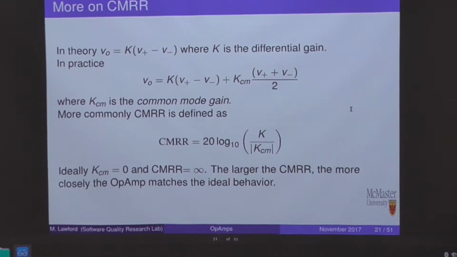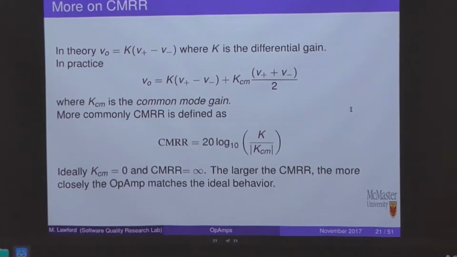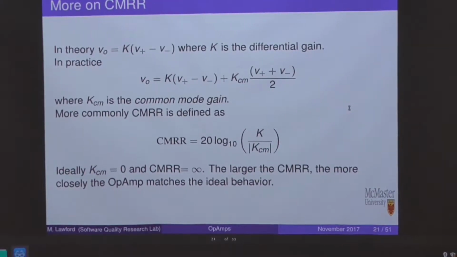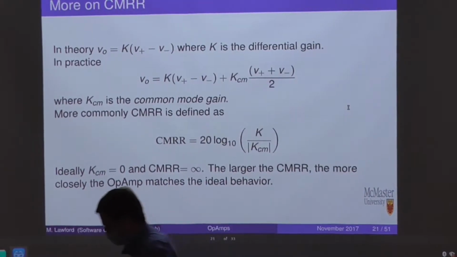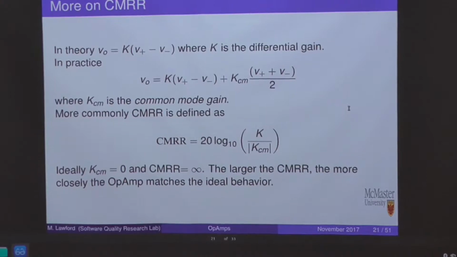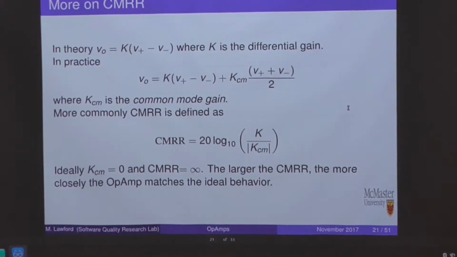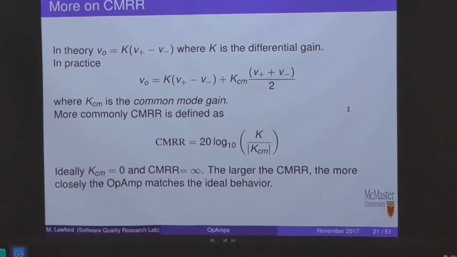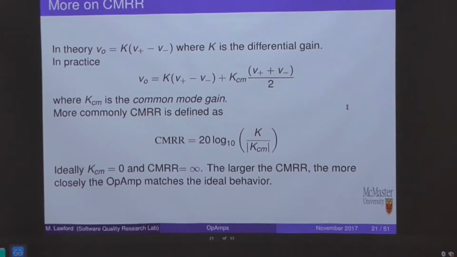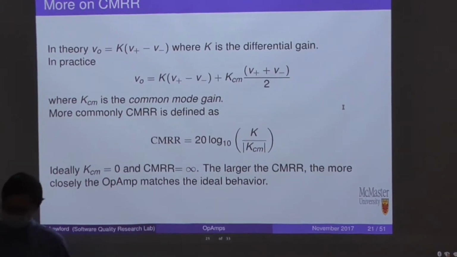This is something we've been doing with operational amplifiers this whole time. We make certain assumptions about how they operate, and then we understand that those are approximations of the real behavior and not actually the real behavior. There are other factors involved, right? This is one of those factors.